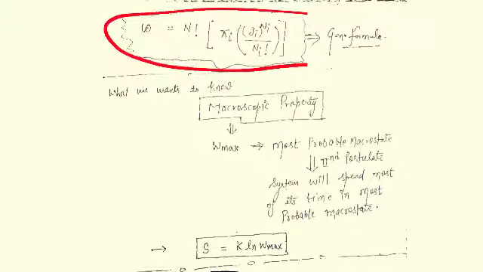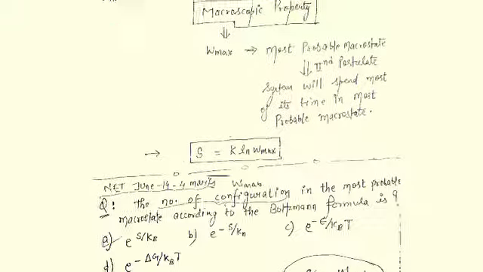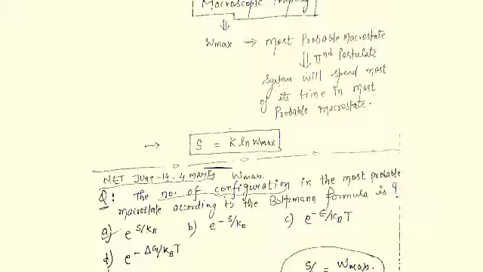Alright, I want to say that where the particle spends most of its average time, that would be the most probable microstates. Taking that in a formula, S equals k ln W max, where W max is the most probable microstates.